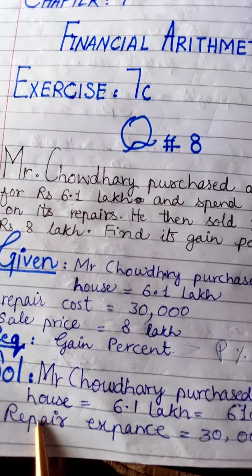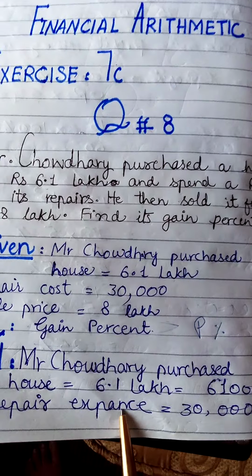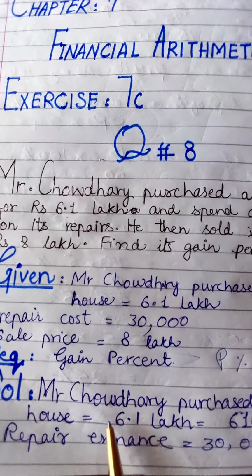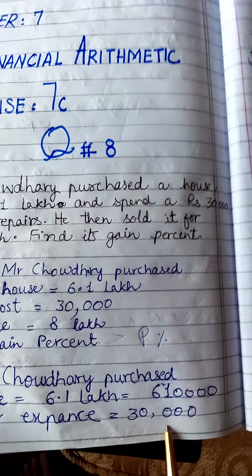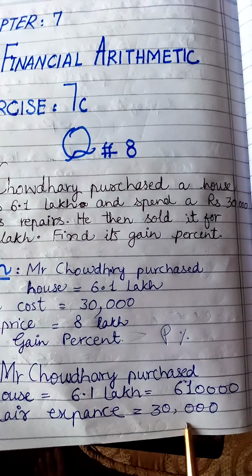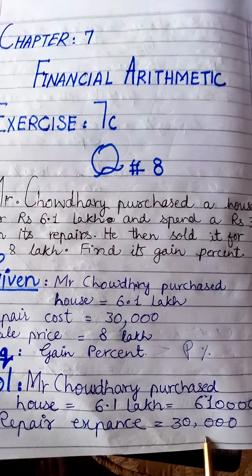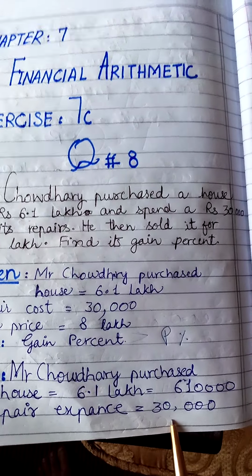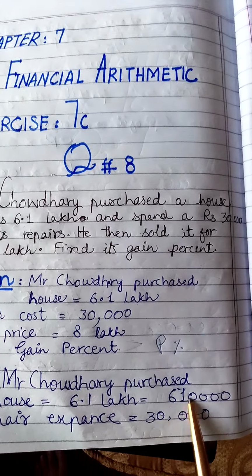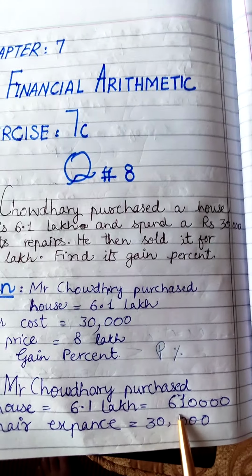And the repair expenses, or renovating to mend the house, his expense was 30,000. Okay, now we have to find the cost price. When we add these two amounts, we will get the cost price.